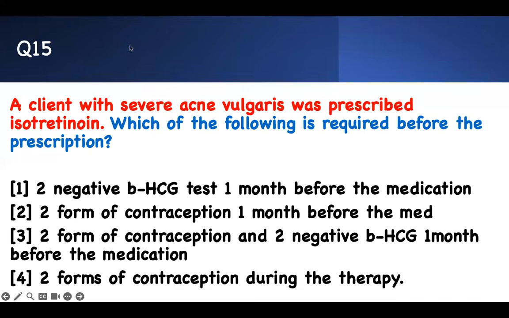Number 15. Same question, same idea. Which of the following is required before the prescription? A client with severe acne vulgaris was prescribed what? Isotretinoin. This is Accutane, which we use for acne. It's very teratogenic. Because of that, we don't want you to get pregnant, because if you get pregnant, you're going to have a defective baby.